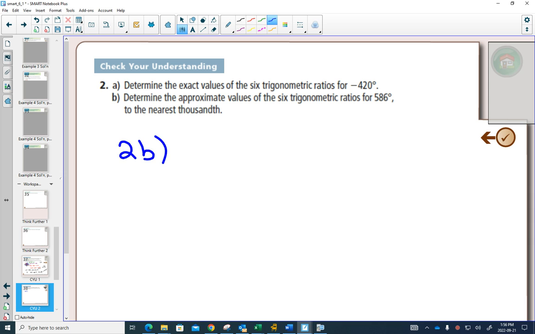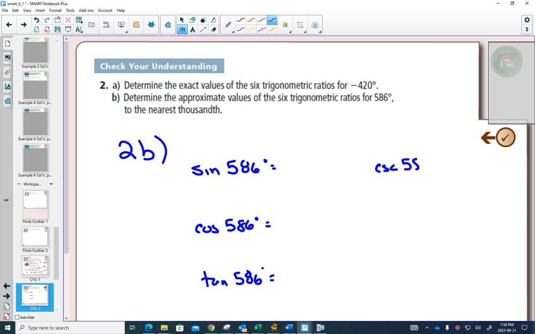So they want us to figure out the regular ones: sine of 586 degrees, cos of 586 degrees, and tan of 586 degrees. We'll be able to use our calculator. And then we also want to find cosecant of 586 degrees, secant of 586 degrees, and cotangent of 586 degrees.